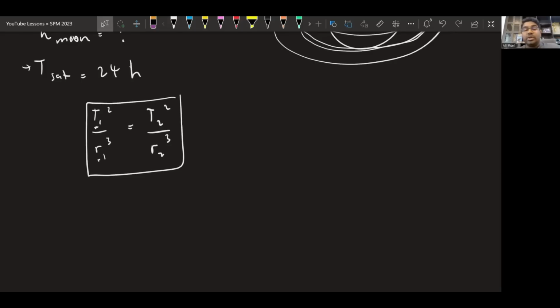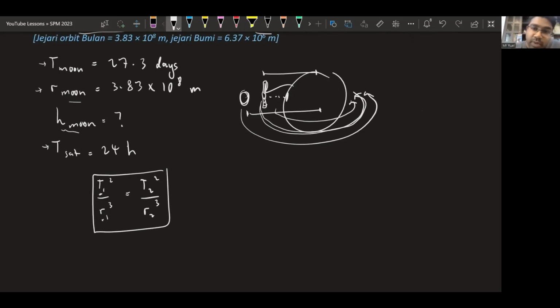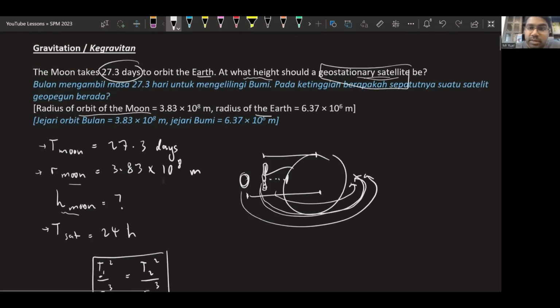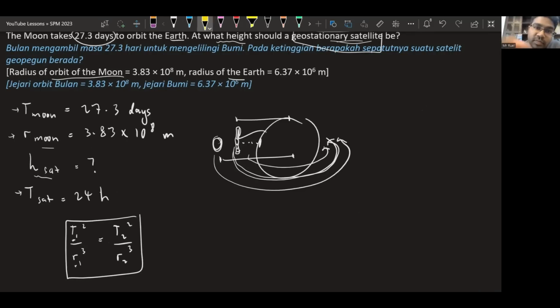So what we are going to do here is find, since they want the height of the satellite, sorry, we want the height of the satellite. The height of the satellite is here, from here to here only, right? Let's call this h. However, what we get from this formula will be the orbital radius of the satellite, not the moon.